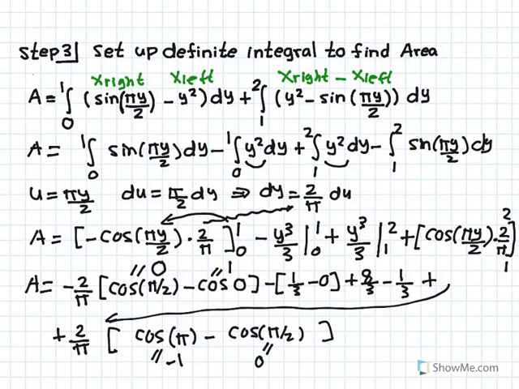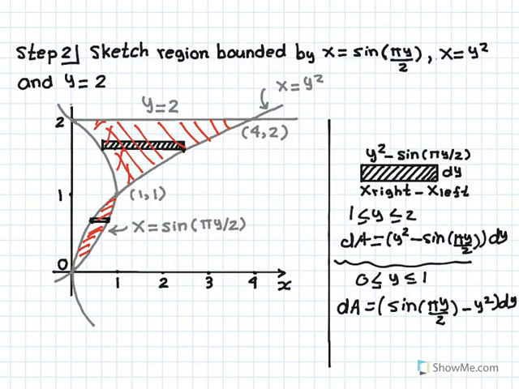Let's look back at the graph and see why that is. So you can see that when y is between 0 and 1, the x value corresponding to sine of pi y over 2 is larger than the x value corresponding to x equals y squared.